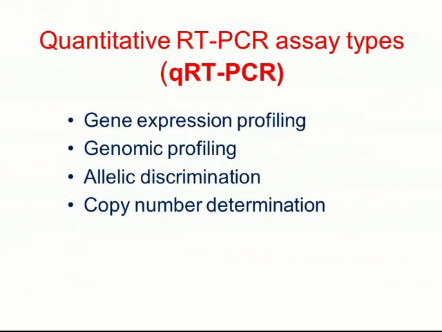After the melting curve prototype analysis, now we are starting another group of RT-PCR assays, which is quantitative RT-PCR. Actually, the most widely used RT-PCR assay is that one, and the main objective of this assay is quantification of a target sequence in a template.